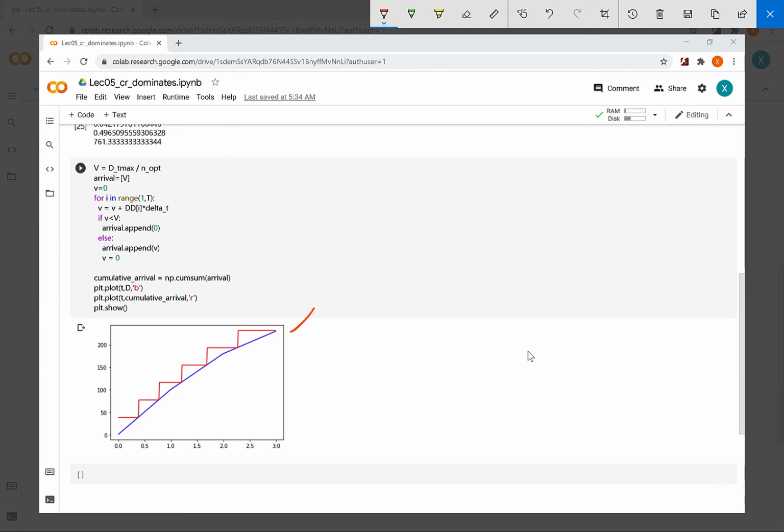So here the blue line is our demand function, and the red line is our cumulative arrival. This can be achieved relatively easily because we know every time our load is based on T max divided by the number of shipments. We just need to enumerate all possible time indices from small to large.